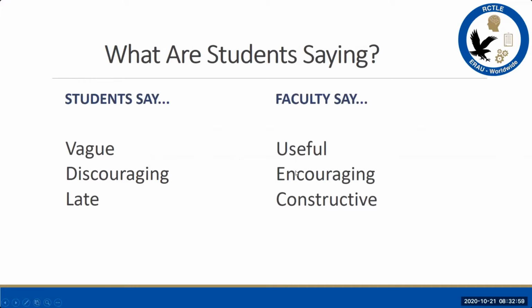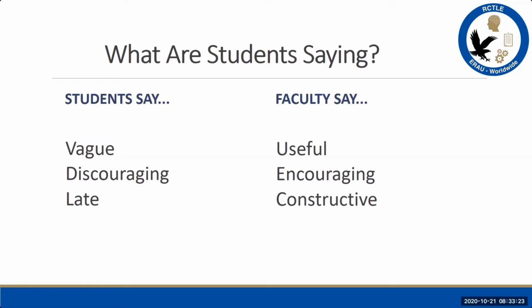Students state that feedback is discouraging, whereas faculty seems to think it is very encouraging. Students also see that feedback is, in some regard, late, whereas faculty may see that feedback is constructive. So as you can see, there is a huge gap in perspective on this issue.